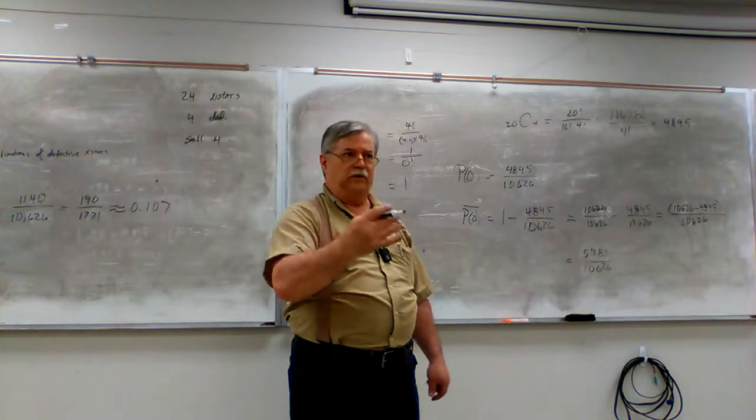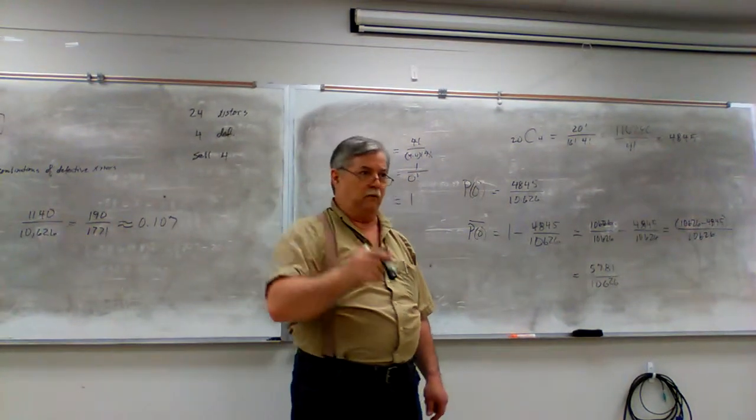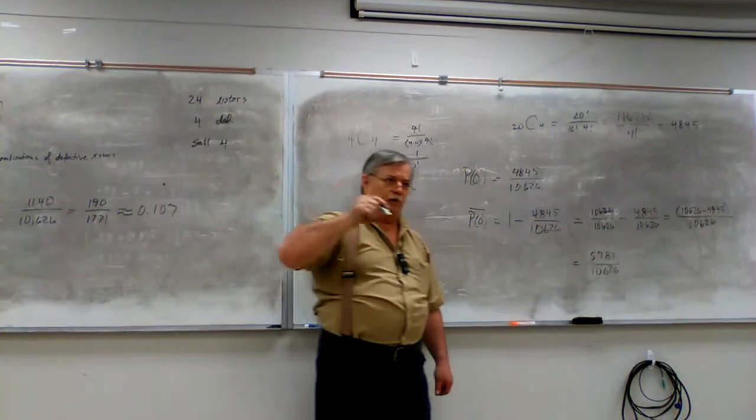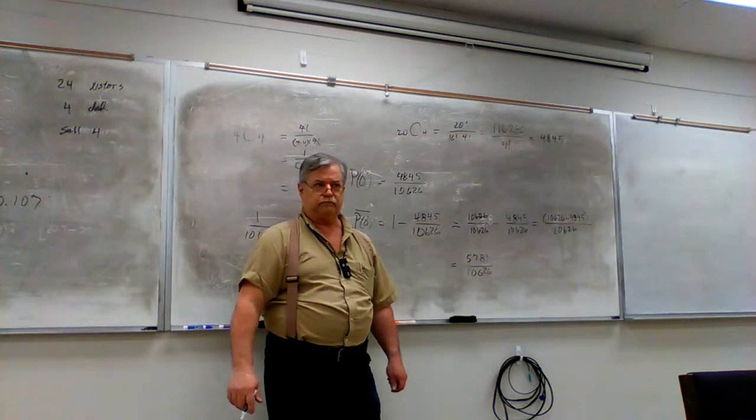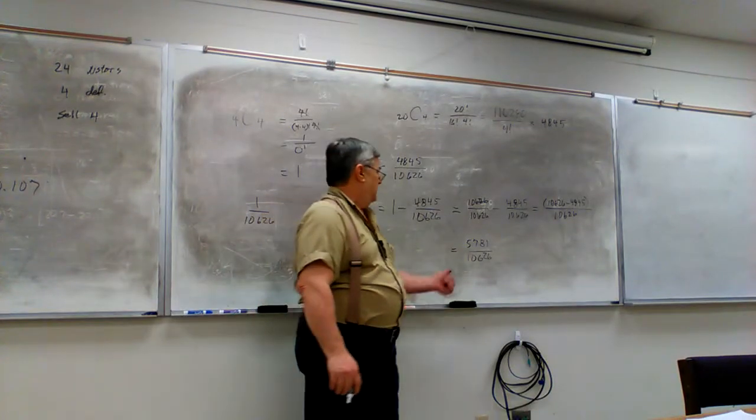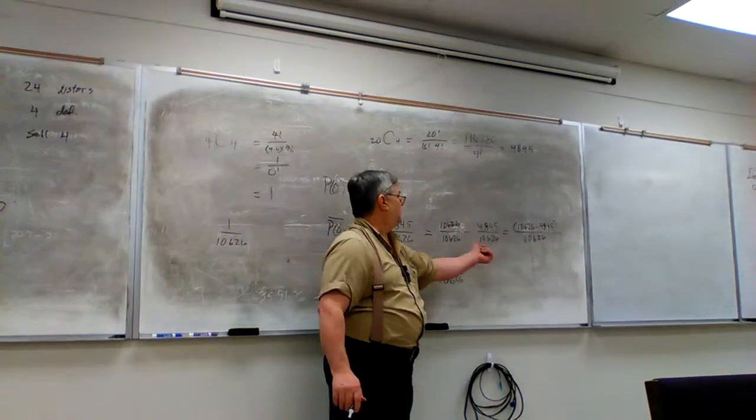If there are only 4 defective transistors and you pick out 4 of them, over half the time you're going to get at least 1 of the defective ones. Okay? But did you see what's happening here?